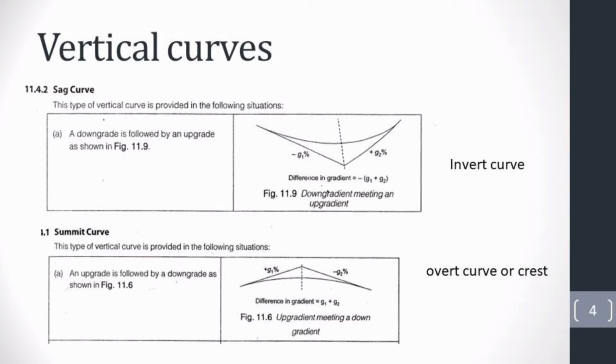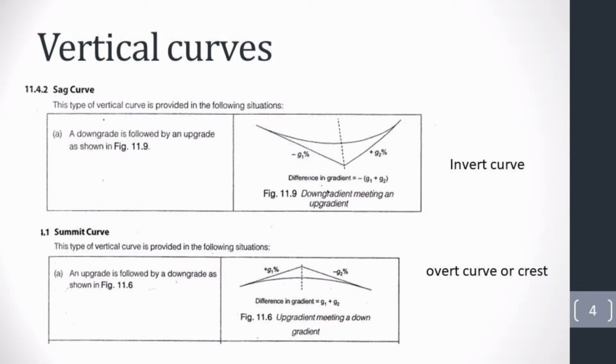So I went on to the vertical curves. We had a sag curve, which was my invert curve. Then the summit curve, that was my overt curve, or the crest. Those were just some of my research.